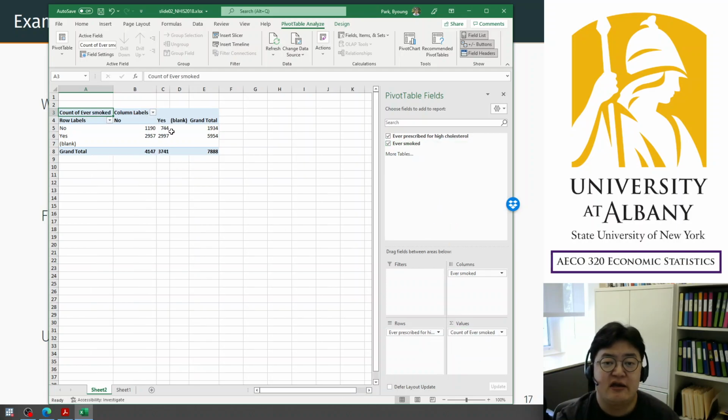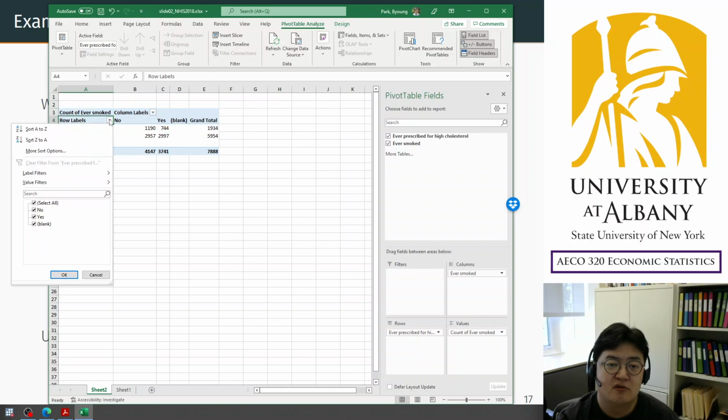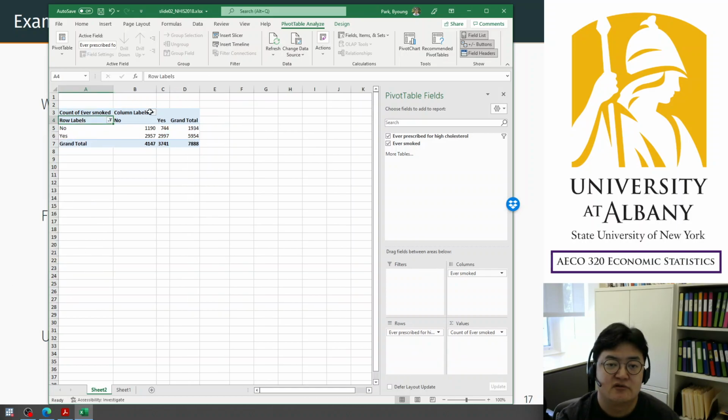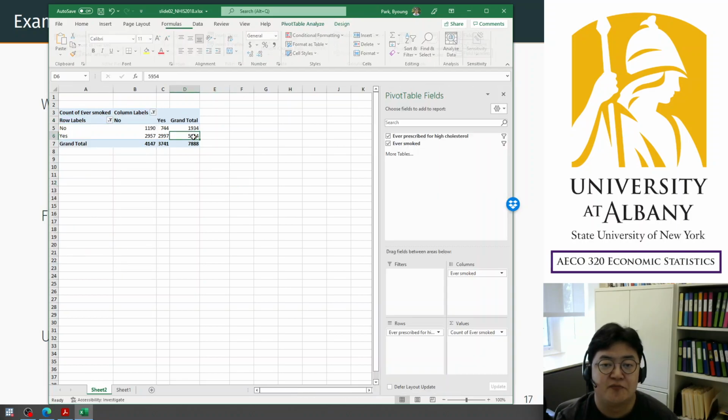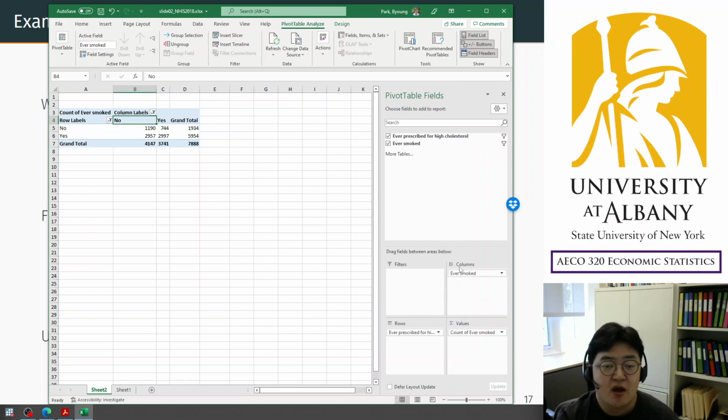Then it gives us the frequency distribution table. There is no blank, so I'm going to just turn this off for a better look. And this is the count, the frequency, the number of observations for each outcome.